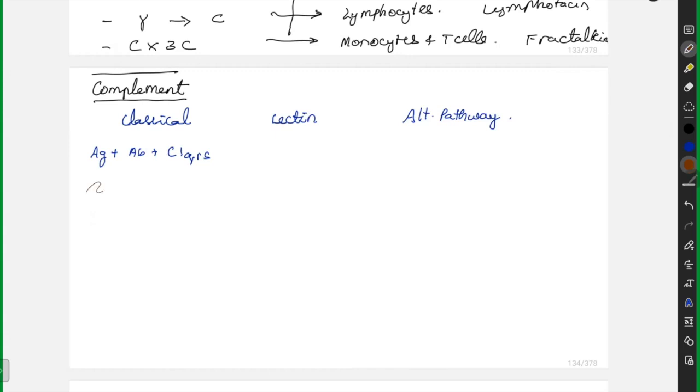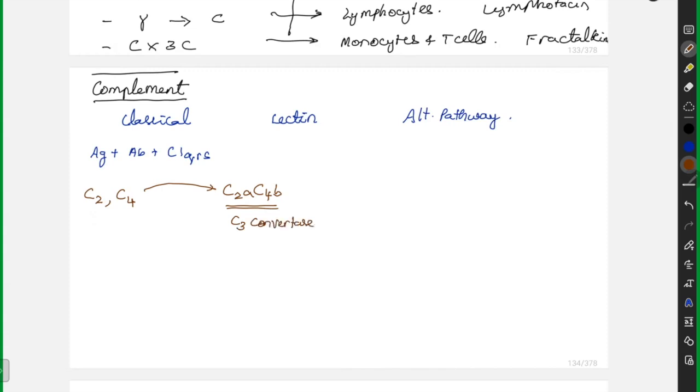This is going to convert C2 and C4 into C4b and C2a. Okay, so this is going to get converted into C4b2a. This C4b2a is nothing but what is called C3 convertase.